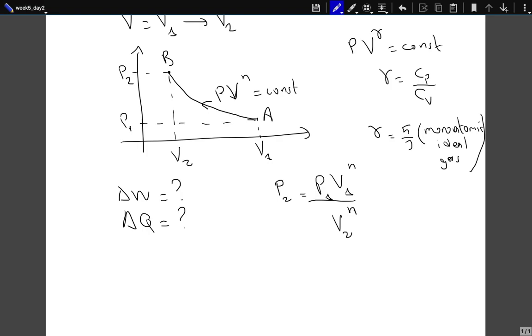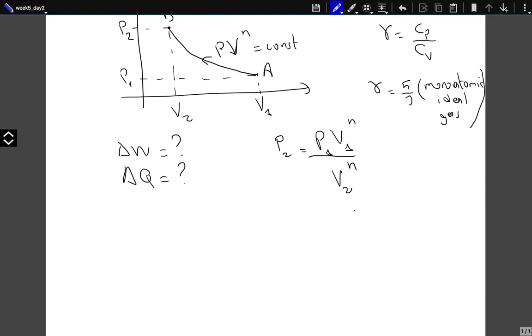We can find the slope. No, the slope will be constantly changing. We can find the equation of the curve. How? So what is the equation of this curve?